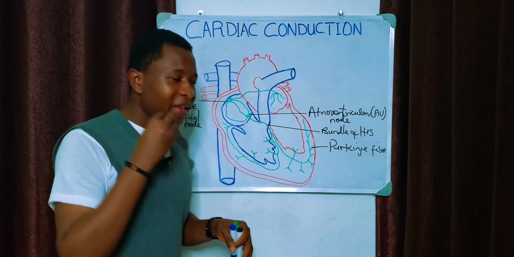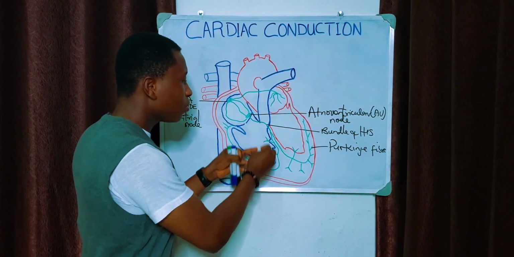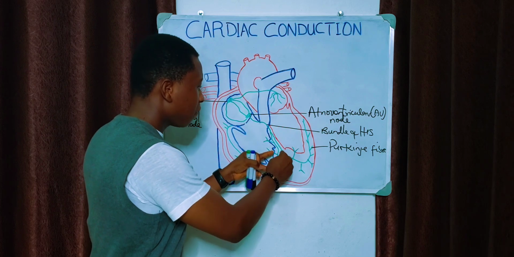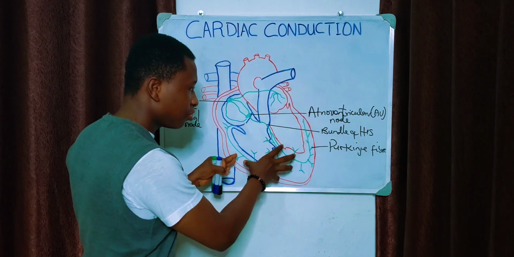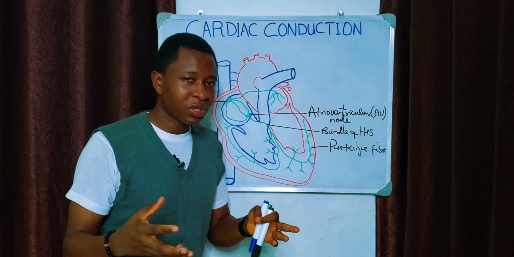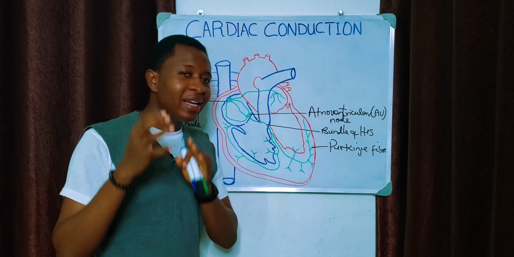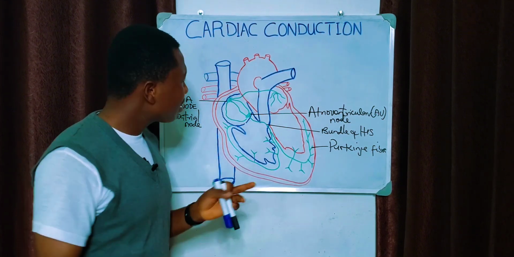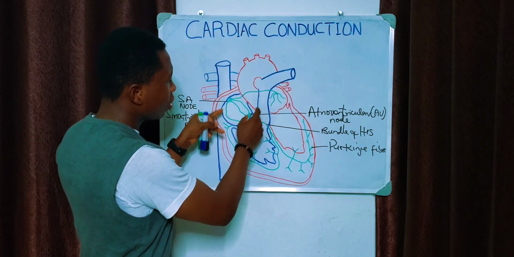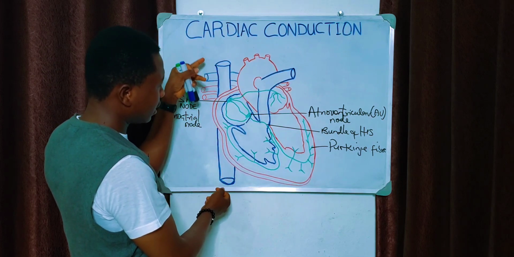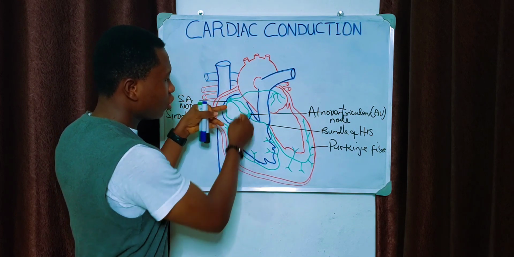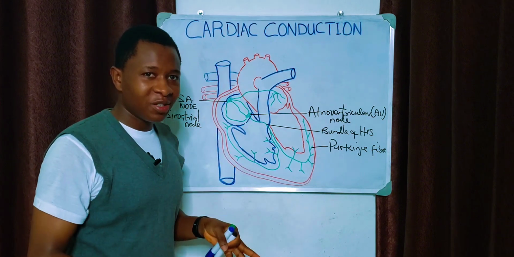Now, there is a reason why we have more fibers around the ventricles. That's because of the size of the ventricles and the job of the ventricles. The ventricles actually do the great work in the heart. When blood enters through the superior and inferior vena cava, it just falls down from the atrium into the ventricles.